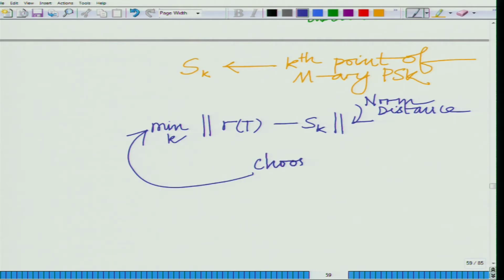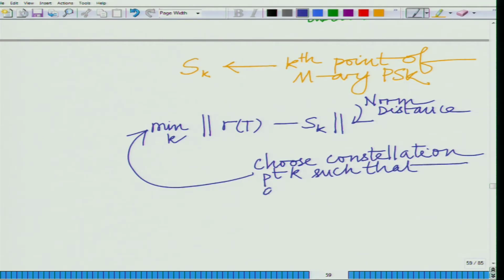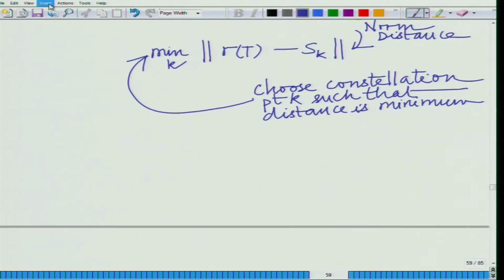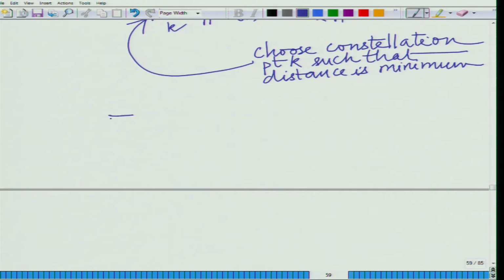Minimize over k. Choose the constellation point k such that the distance is minimum.